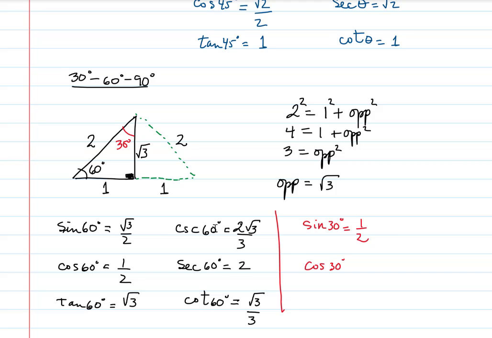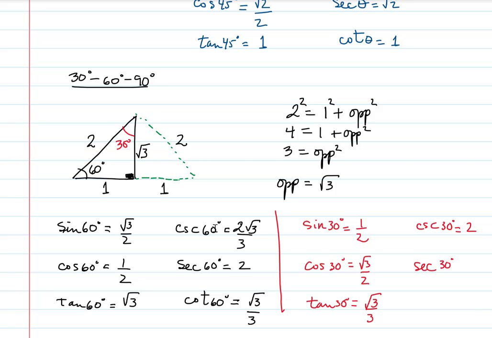Cosine of 30 would be square root of 3 over 2. Tangent of 30, rationalized, would be square root of 3 over 3. We have cosecant of 30, it's 2.